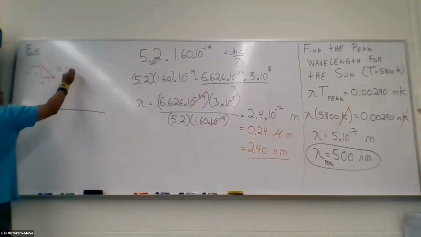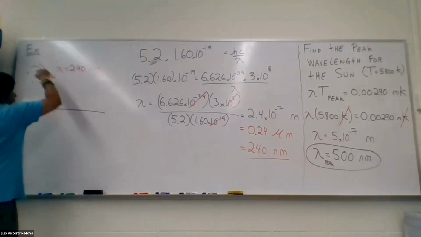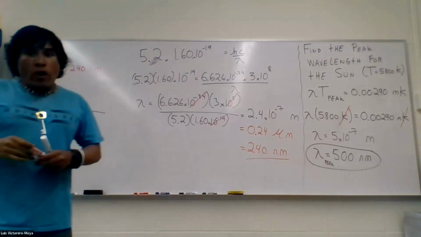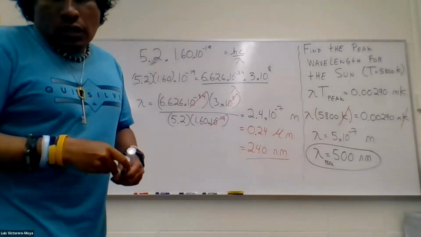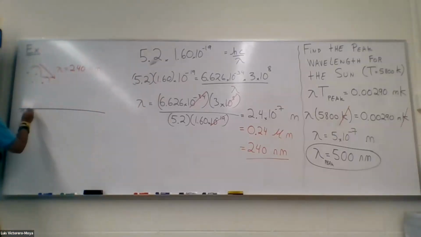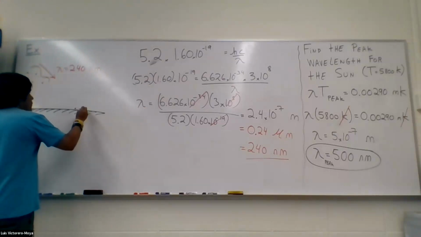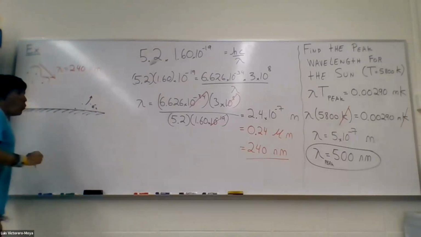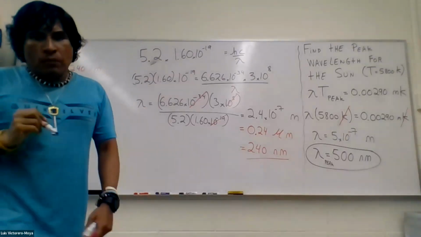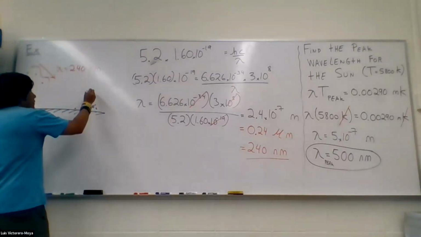Photons with lambda 240 nanometers are going to strike that metal, and electrons are going to be ejected from it. So you have photoelectrons being ejected with a maximum energy of 2.58 electron volts.